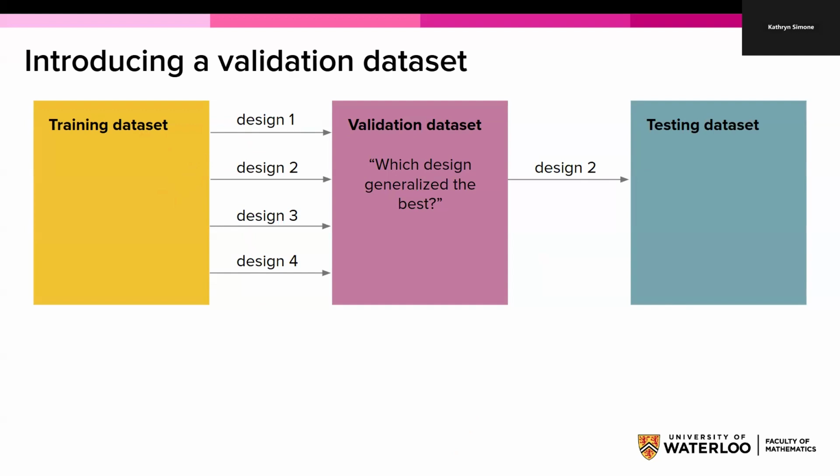So in the ridge regression example, or in the lasso regression example, that would mean you would have a model with a lambda of 1, a model with a lambda of 0.1, maybe a lambda of 10, and so on and so forth.